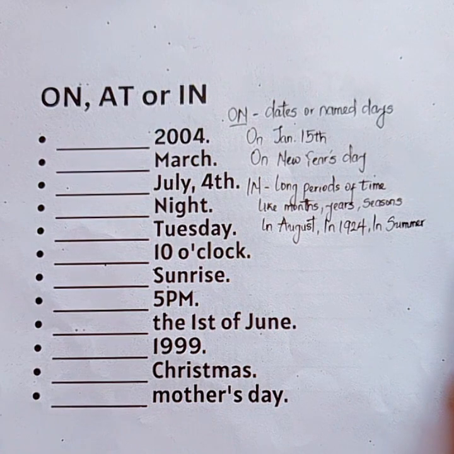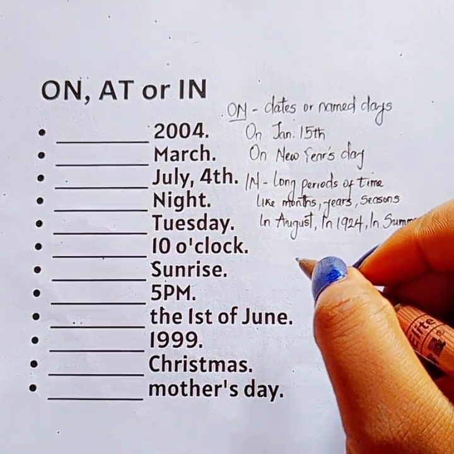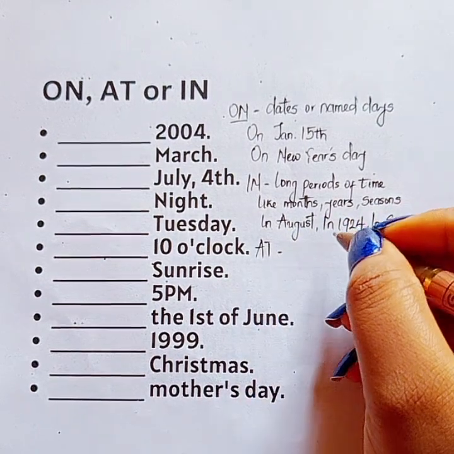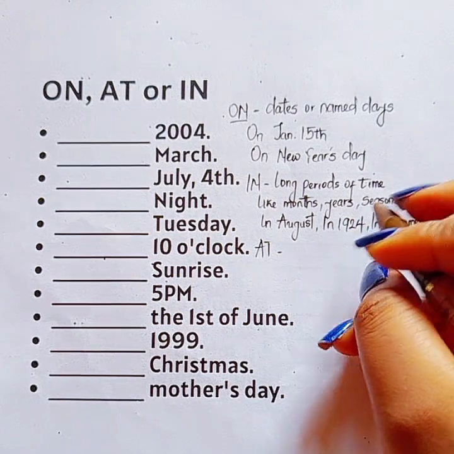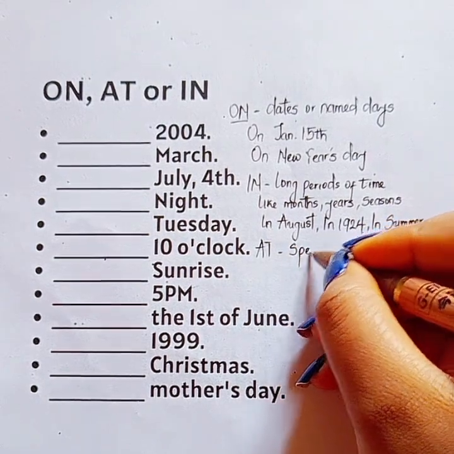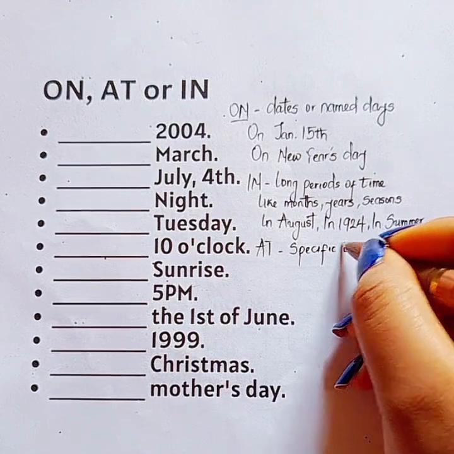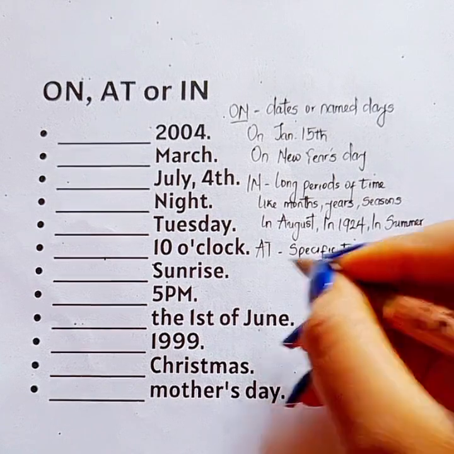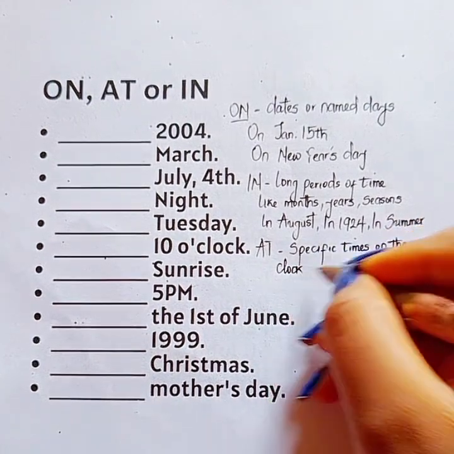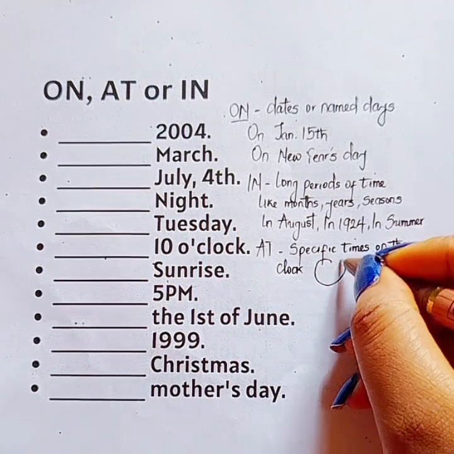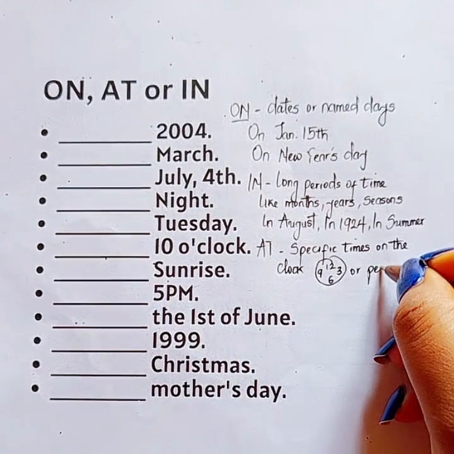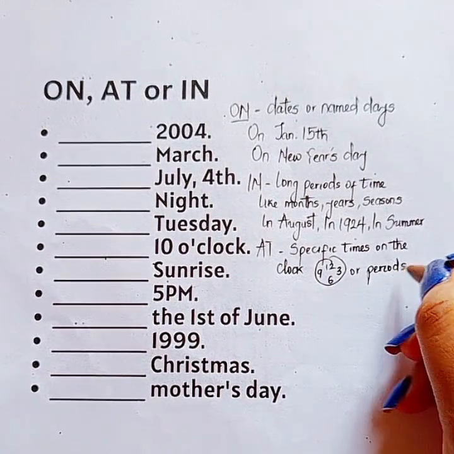This is a season. And lastly, let's look at at. At is used with specific times on the clock, okay? Or periods in the day.